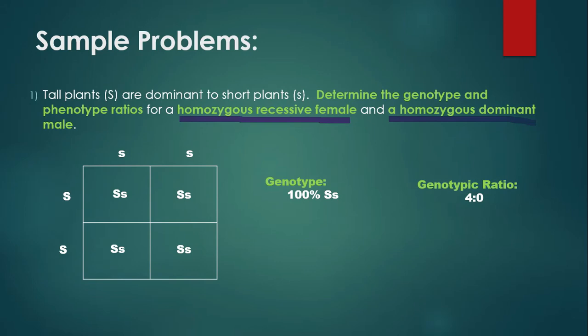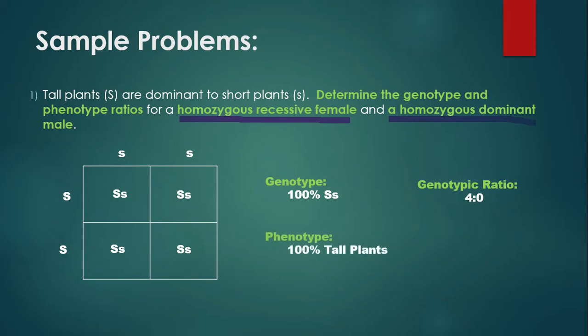So therefore, 4:0, because all four boxes are heterozygous. That is how you are going to write or interpret the genotypic ratio: a comparison of how many are homozygous recessive, homozygous dominant, and heterozygous. But since in this result all of them are heterozygous, the genotypic ratio is 4:0.